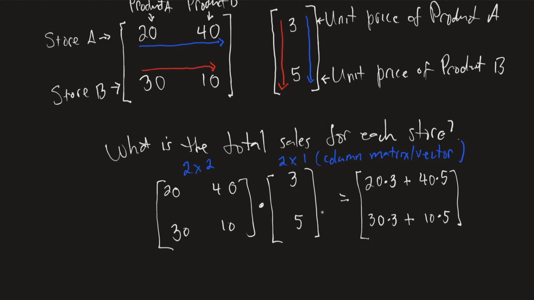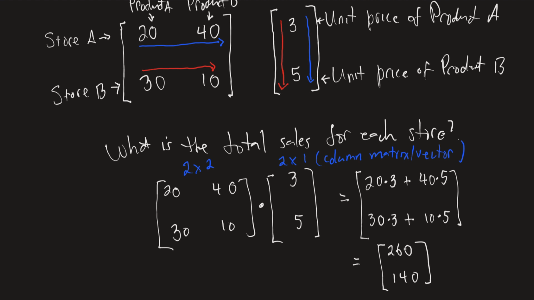So the end result is, look at what we end up with. We end up with another array. So this is 60 plus 200, so that's 260, and then 90 plus 50, that's 140.